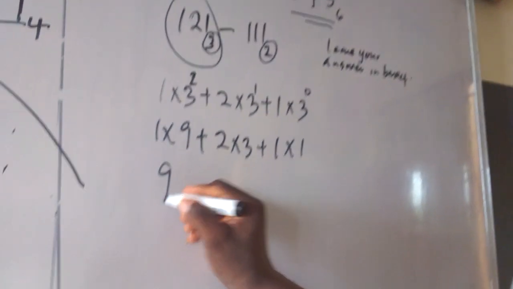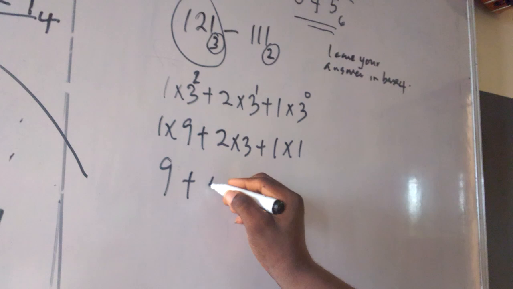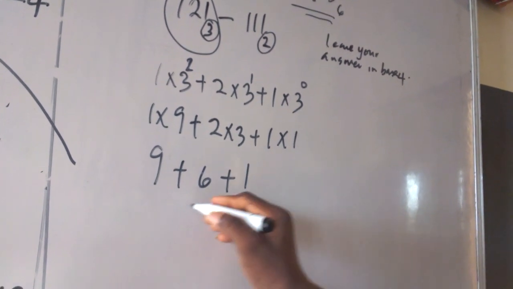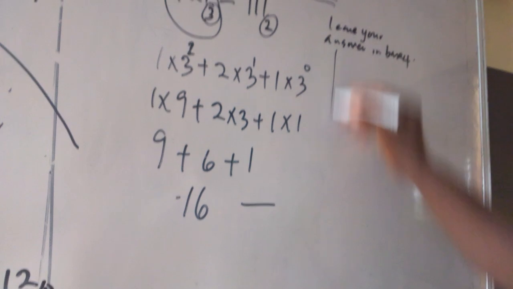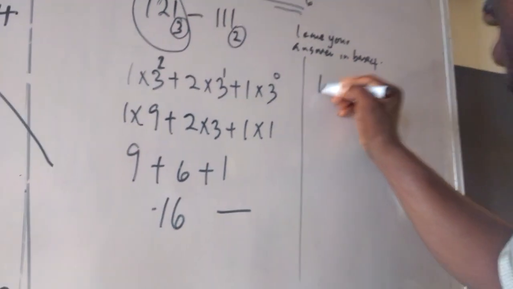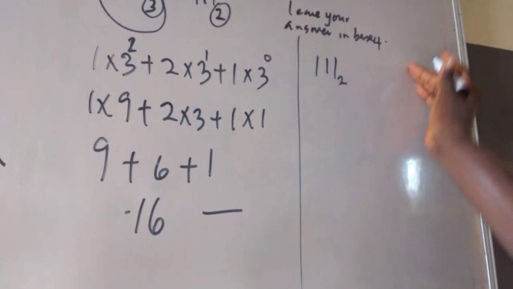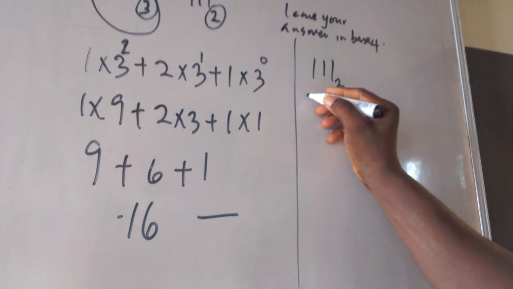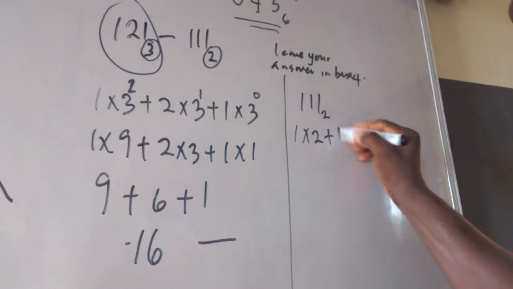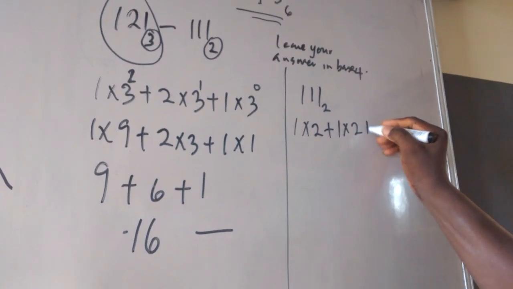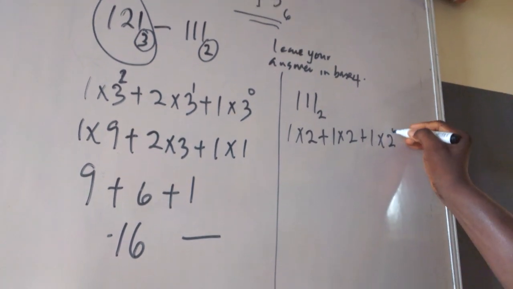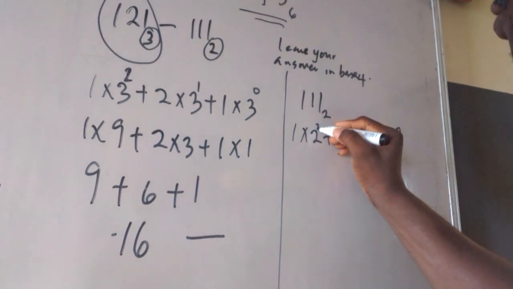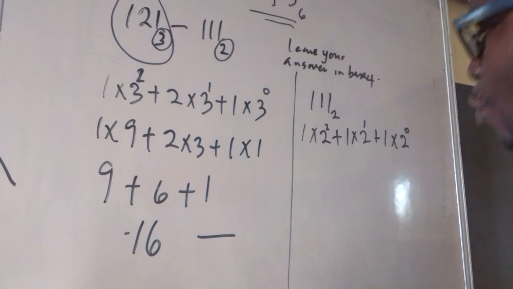So this gives me 9 plus 6 plus 1. This will give me 16. Minus, I will come here again. I'll change 111 base 2 to base 10. So I say 1 times 2 plus 1 times 2 plus this last 1 times 2. So I'll put my indices 0, 1 and 2. Okay? So what next should I do?